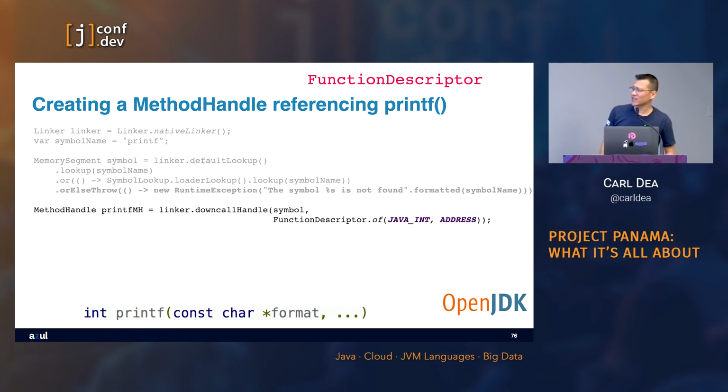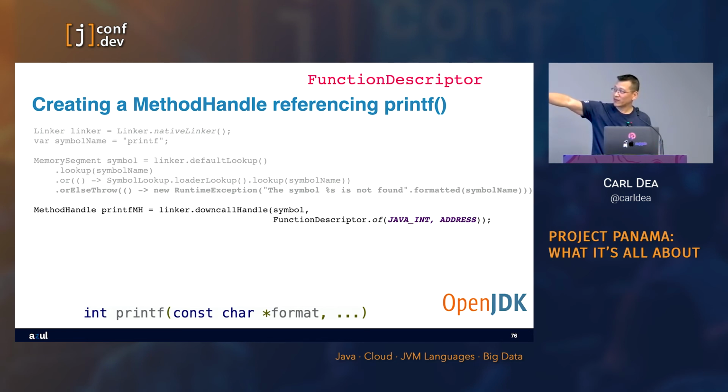Okay, so from the linker, there's a method called downcallHandle. We know what the symbol is, and we pass that in as the first argument. The second thing is called a function descriptor. Because we remember the predefined value layouts, like JAVA_INT or JAVA_FLOAT or whatever, we're really describing what printf is.